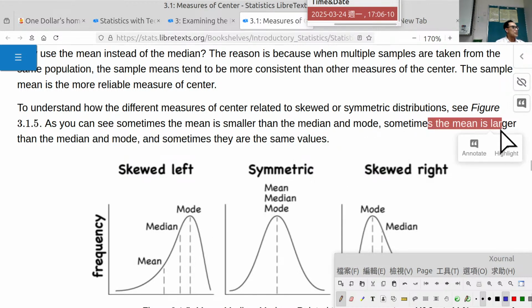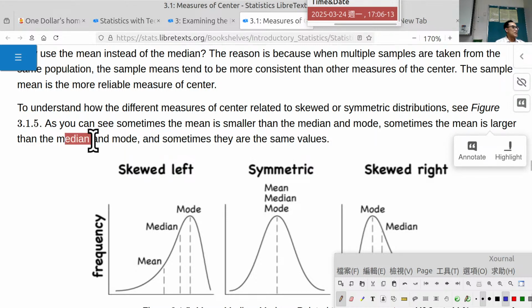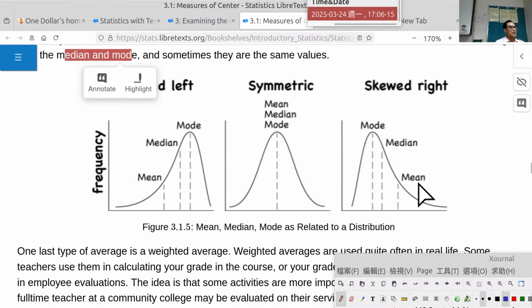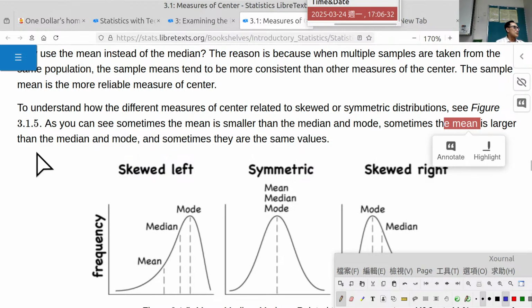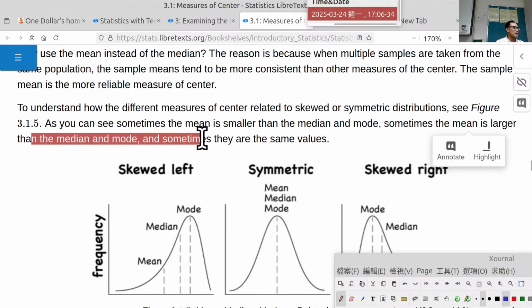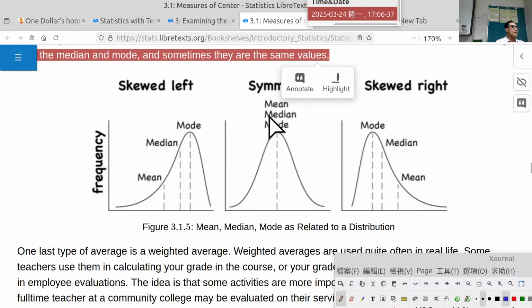Sometimes the mean is larger than the median and mode, like the skewed right here. The mode has the largest frequency. Sometimes they are the same. In a symmetric distribution, mean, median, and mode are the same, very close to a normal distribution.